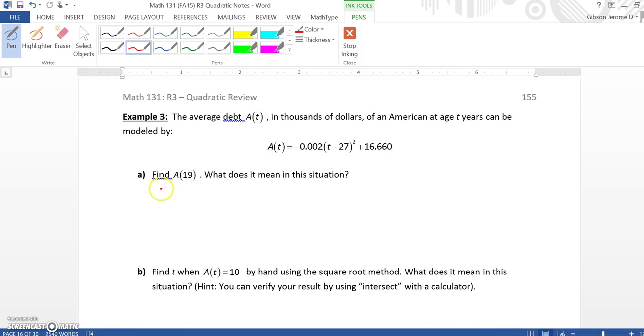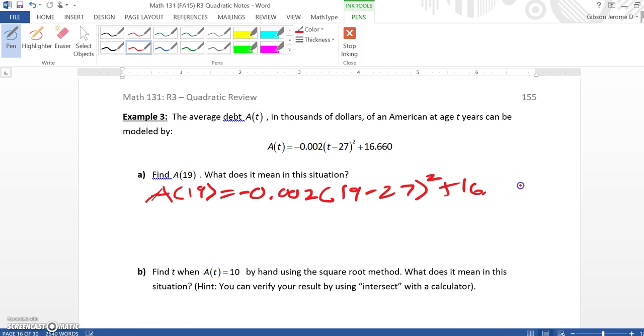So we will have A of 19 is equal to negative 0.002 times 19 minus 27 squared plus 16.660. Now, in this parenthesis, we will have here 19 minus 27.